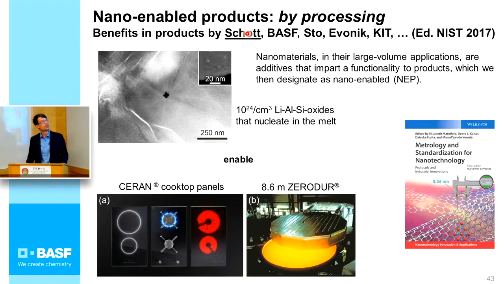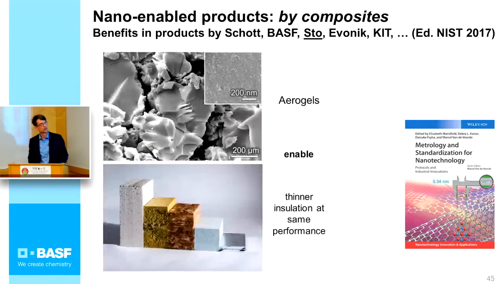Our collaborators from Schott like to claim that this is the largest nano-enabled product ever made, 8.6 meters in diameter. This is a mirror for an astronomical telescope, which of course needs to be very precise and is not allowed to expand. They use exactly this material for the purpose, and that's in this book chapter. We call these nano-enabled products because a nanostructure is essential for the final functionality. It does not necessarily mean that nanomaterials, in the sense of particles, are added anywhere in this process.